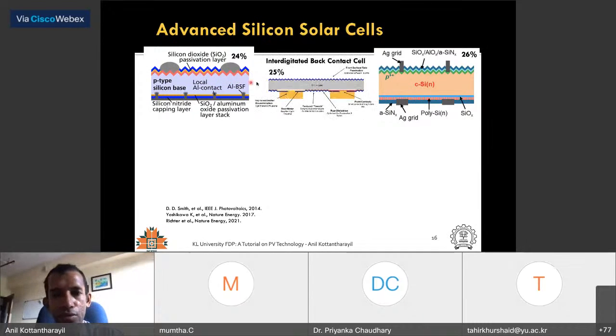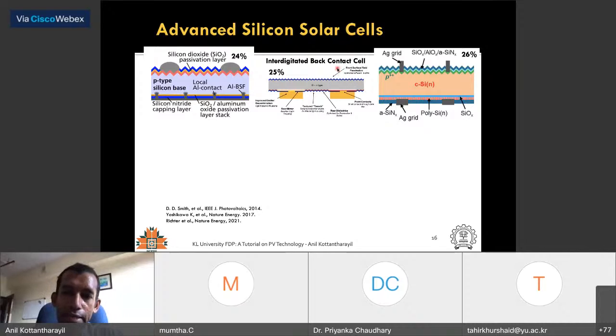Now you can do what is called an interdigitated back contact cell. What it means is that, you can see this is silicon, N-type silicon. Both contacts are on the backside in this. So you have a junction, this PN junction is on the backside, with both contacts on the backside. What does it mean? On the front side, it will just look like a black thing, no metal on top.